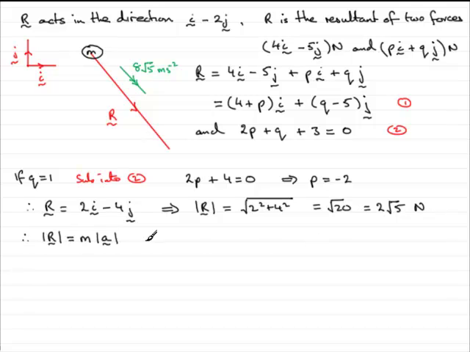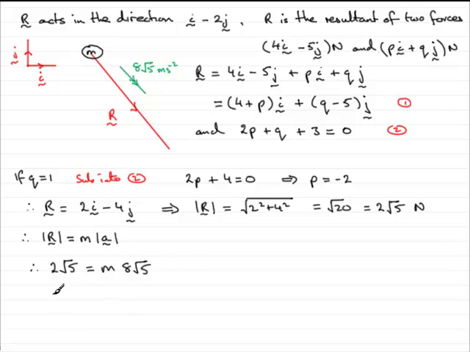So using this result, that the magnitude of R equals the mass times the magnitude of a, we therefore have 2√5 equals m times the magnitude of a, which is 8√5.